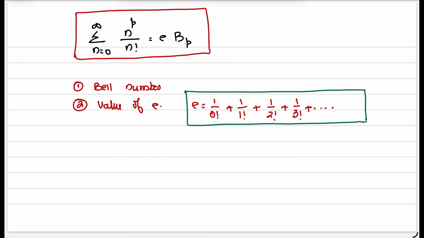I will give a hint. e to the power of x is equal to sigma n equal to 0 to infinity of x to the power of n by factorial n. This is from the definition.